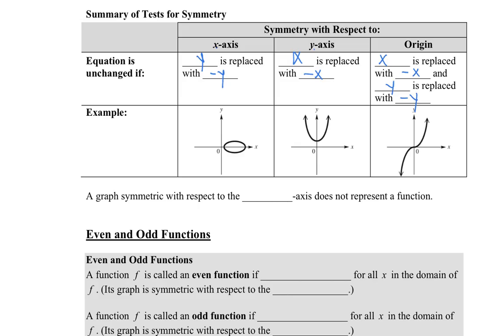So a graph symmetric with respect to the x-axis does not represent a function. It does not pass the vertical line test. So if I were to draw those vertical lines through here, you would see that it's touching your graph twice, where this one does hold true and this one does hold true.